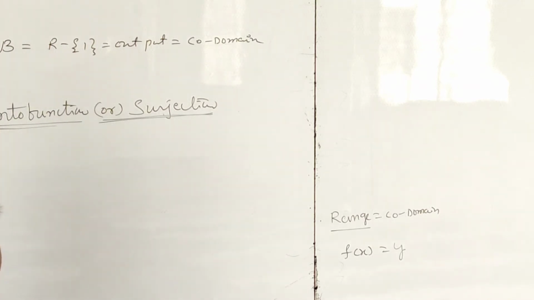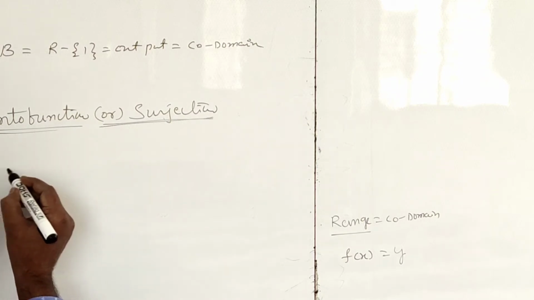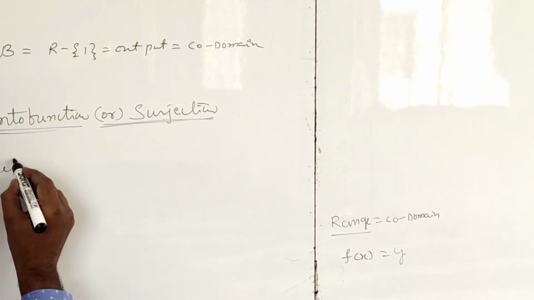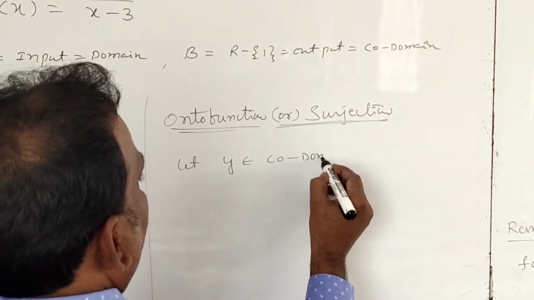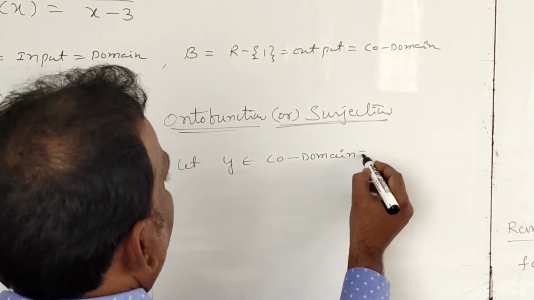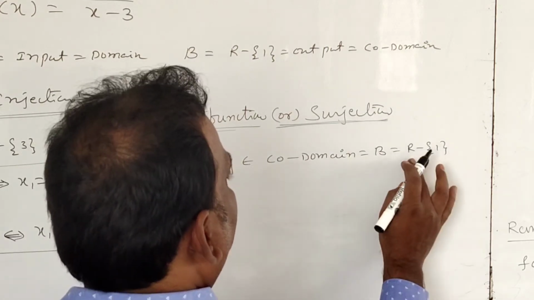So for every element of set B, we have to assume one element. That element we take as y. That's why we take: let y belong to the codomain. Codomain is set B, that is R minus 1, all real numbers except 1.